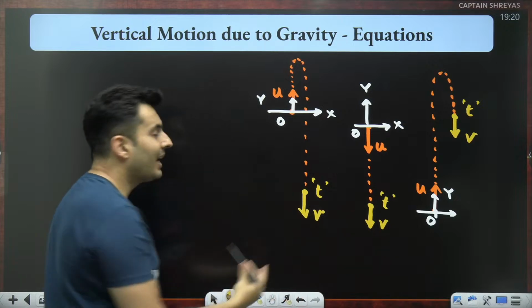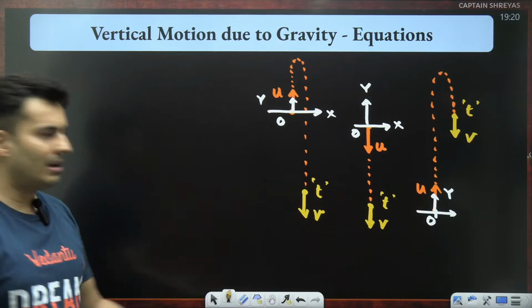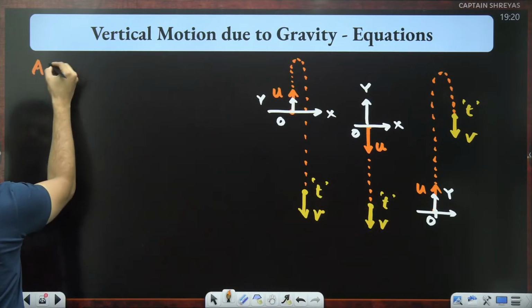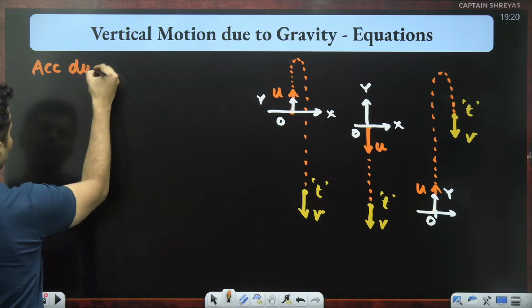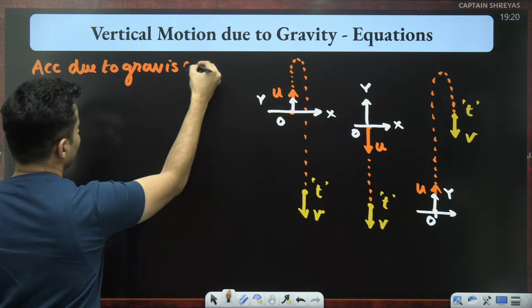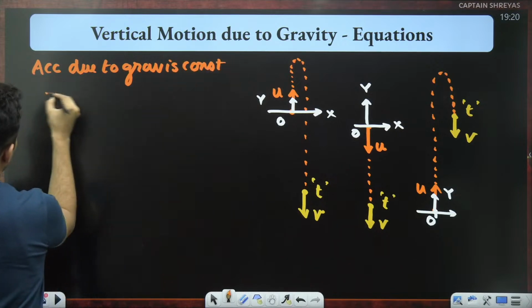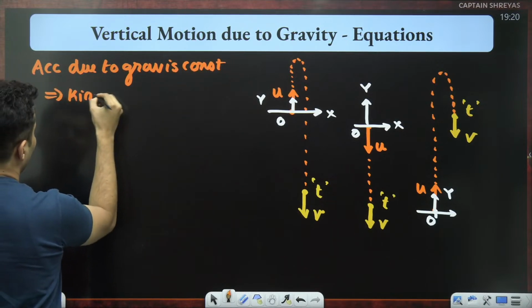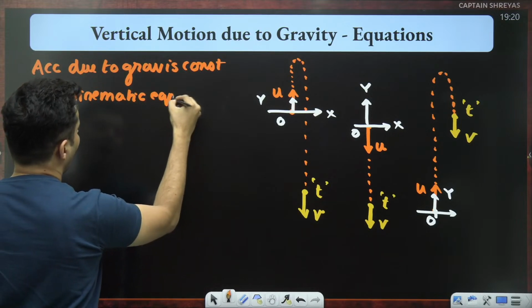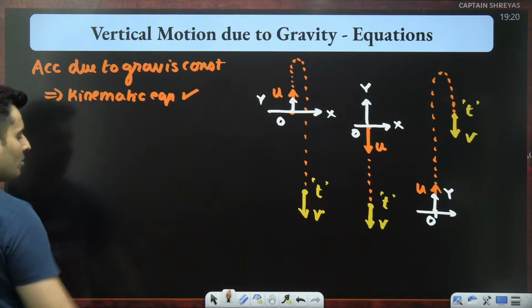So I can use all my kinematic equations because acceleration is constant. Acceleration due to gravity is basically constant. That means kinematic equations are valid.